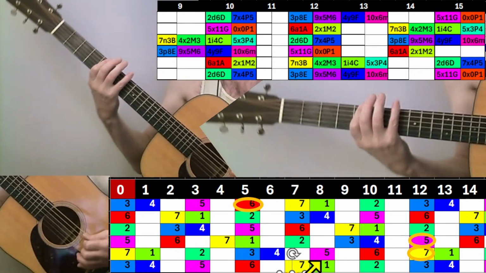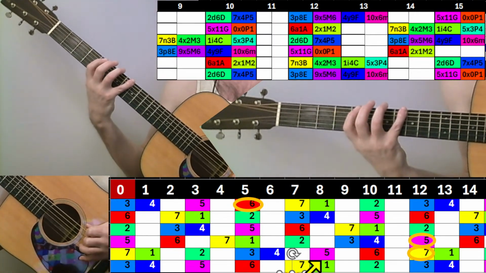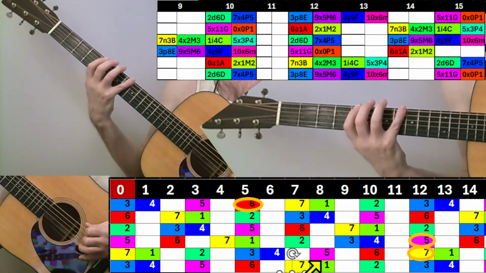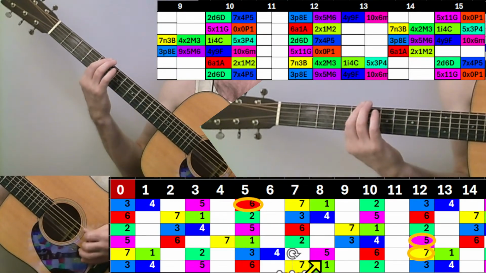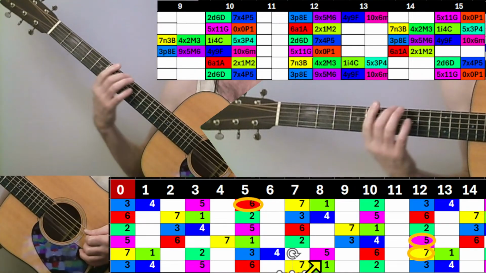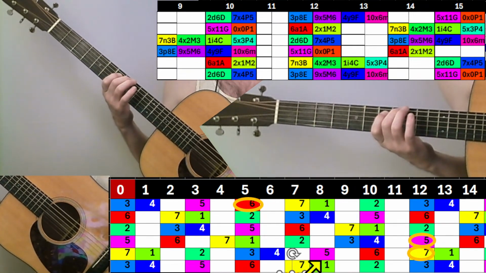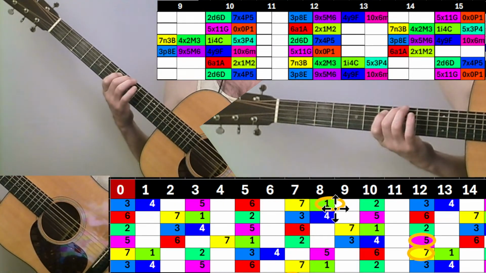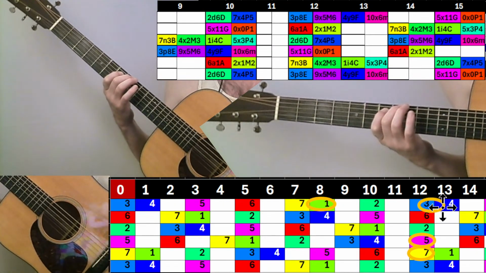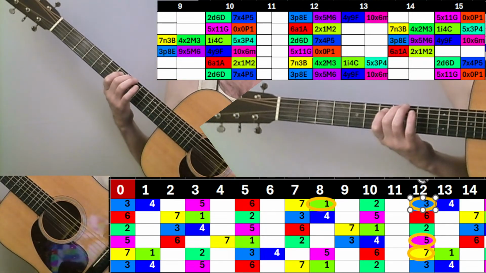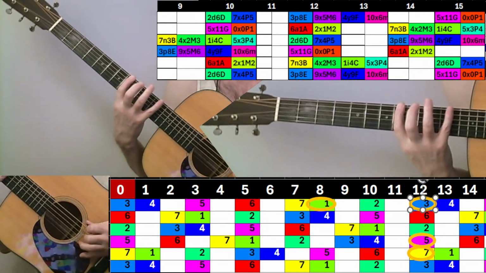So I'm used to having the third that distance away, which is 3 frets up, and the fourth underneath it. And when I moved to a major like C major up here, it always kind of bothered me because now the third seems quite a ways away if I'm used to the minor third.